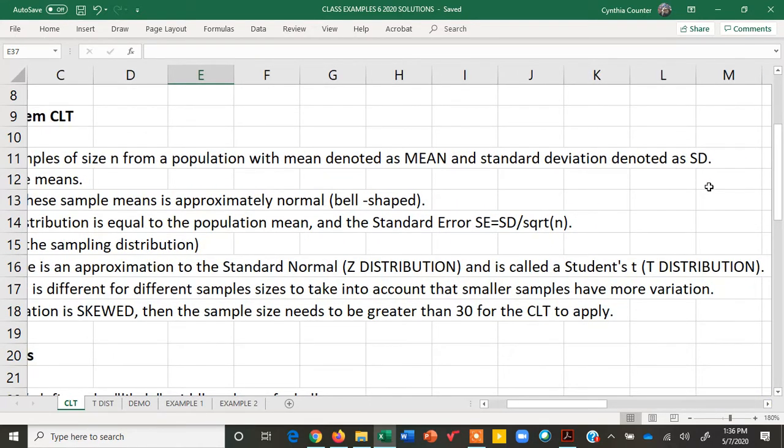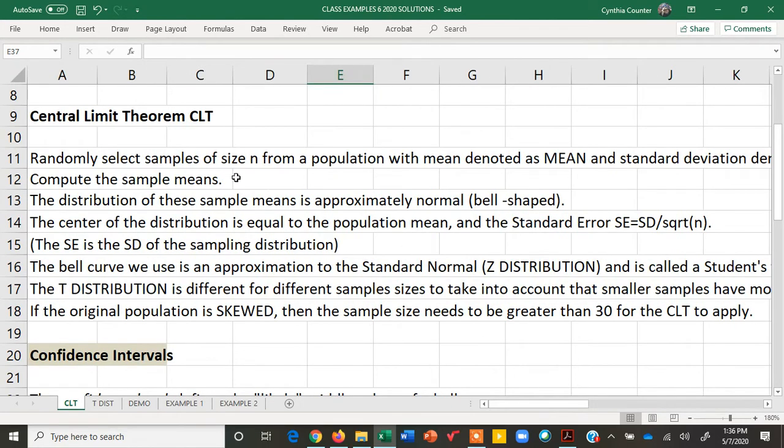So I'm using uppercase SD for a population standard deviation, uppercase Mean for a population mean. We randomly select samples of size n, and we compute all the sample means.